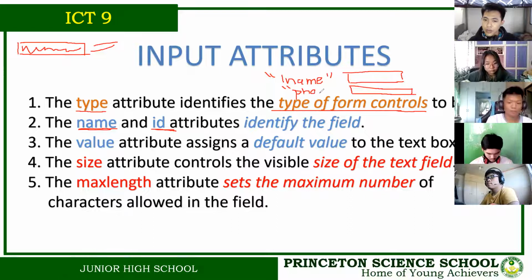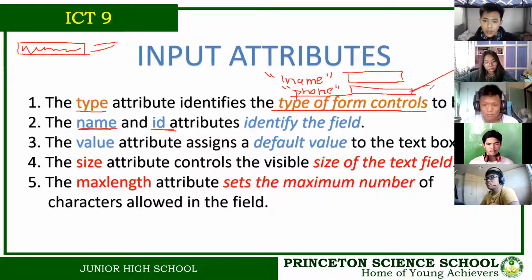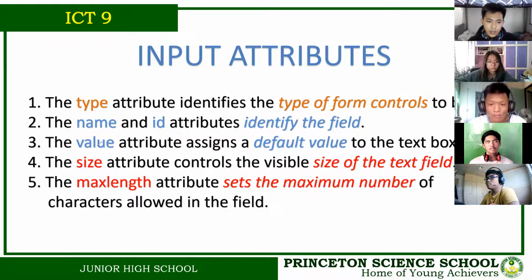Okay, so one reason is there can be a time that you will need to identify where the information was from. So for example, that information came from the text box phone or input type phone. So this text box will be easily identified. Okay, so that is its purpose.